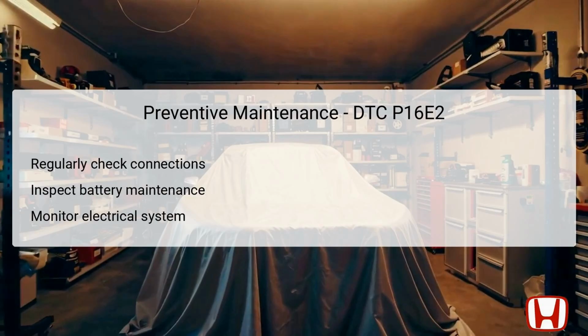Monitoring the electrical system's health should be a standard practice, as it allows technicians to identify minor issues before they escalate into major faults. Over time, these simple preventive measures can lead to a more reliable vehicle and extend the life of the Honda CR-V's essential components.